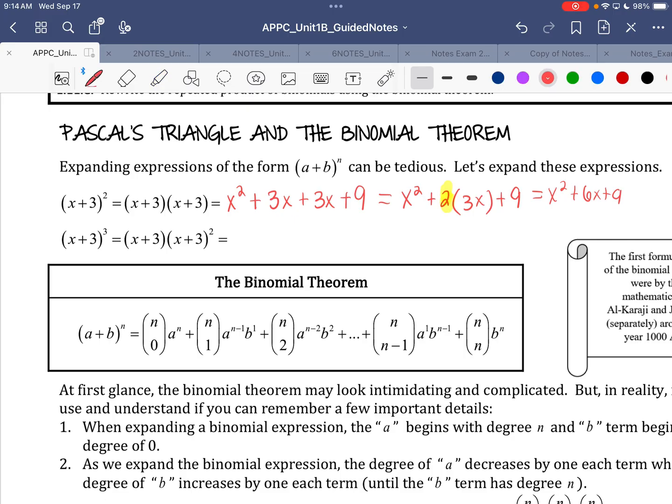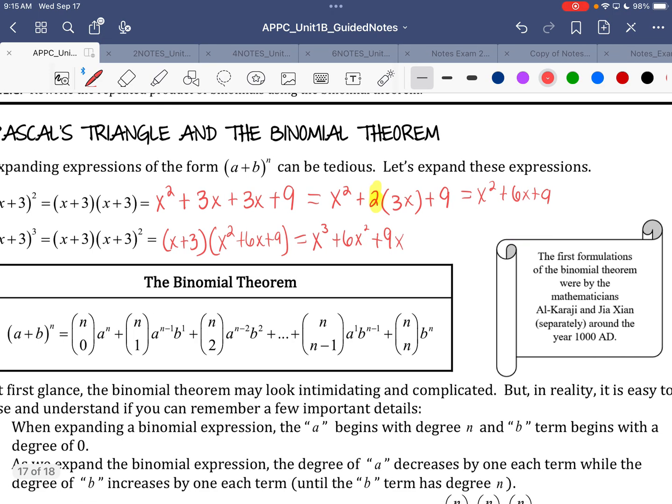Then we can expand out x plus 3 cubed. The long way would have been saying x plus 3 times that x plus 3 squared we just got. And you're like, okay, now I'm going to multiply x times all of those numbers: x squared plus 6x plus 9.